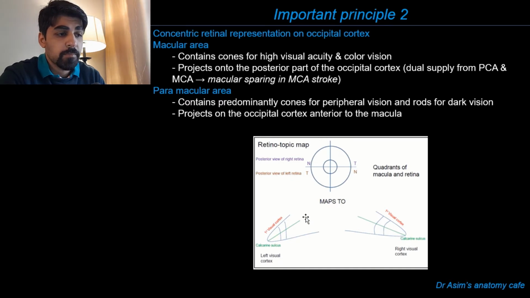So the retina is represented in such a way that the central part is represented on the cortex at the back end over here, whereas the peripheral part is represented more anteriorly.